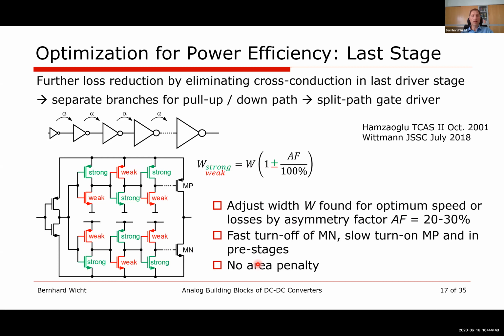And above all, it doesn't have an area penalty. All we do is simply split our existing inverters into two parts. Of course, there is some wiring overhead and some spacing in the layout, but transistor-wise, the transistor size doesn't change. That's the main thing.